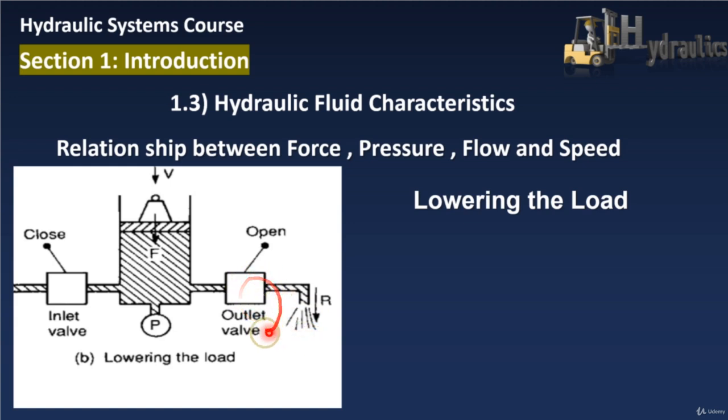Once I open the outlet valve, there is a spike in pressure, negative this time, as the load accelerates downwards, but the pressure reverts to P equals F over A once the steady speed of V, which is equal to R over A, is achieved. So R here stands for the flow rate exiting the cylinder.